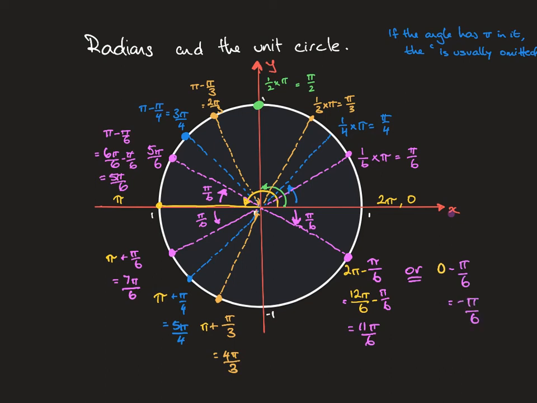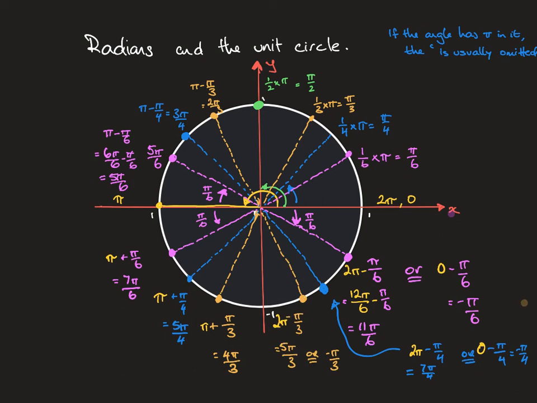We're starting at 0, coming round just this short distance here. And so that gives us our negative pi on 6. And we can do the same thing in this quadrant with our pi on 4, which gives us 7 pi on 4 or minus pi on 4. And finally we can do it with pi on 3, which will give us 5 pi on 3 or minus pi on 3.